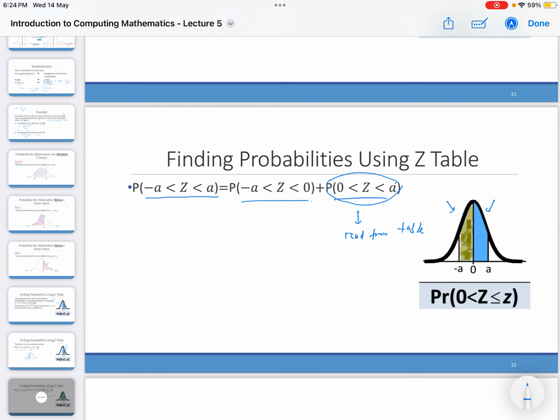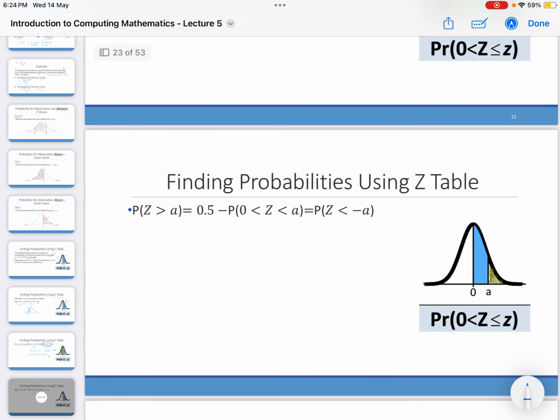Since this one equals the probability of Z from 0 to A, we just multiply by 2. So this equals 2 times the probability of Z from 0 to A. Since it is symmetric, the yellow and the blue region have the same probability.